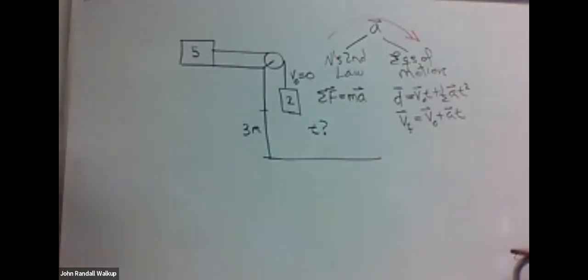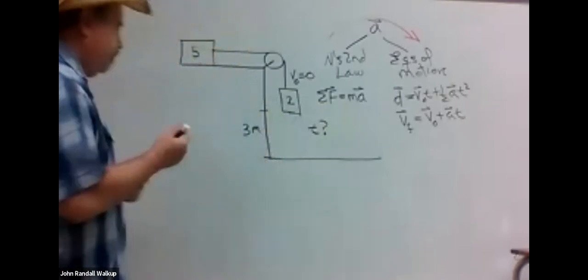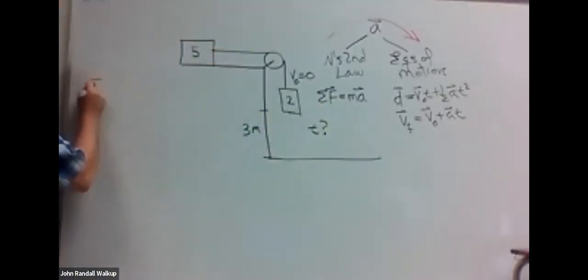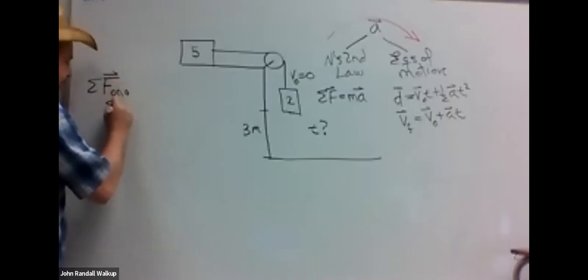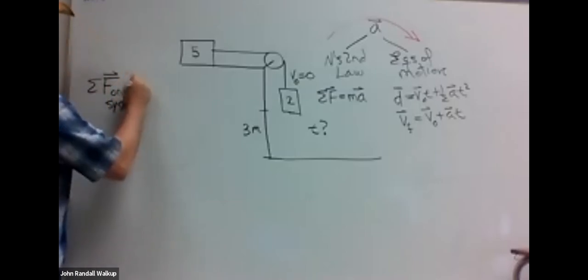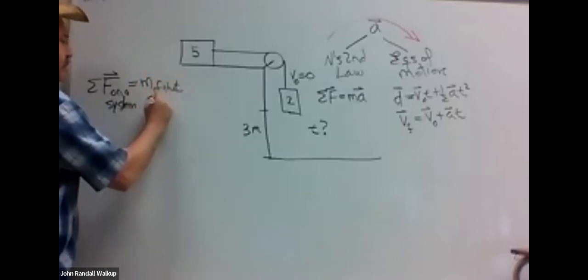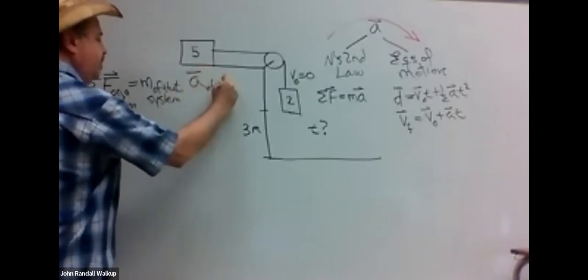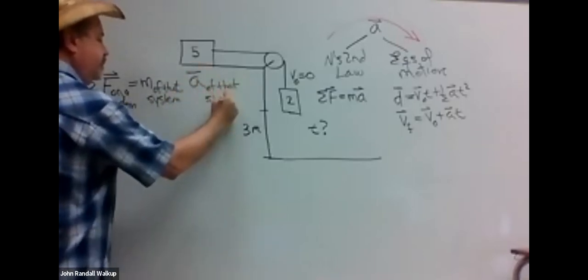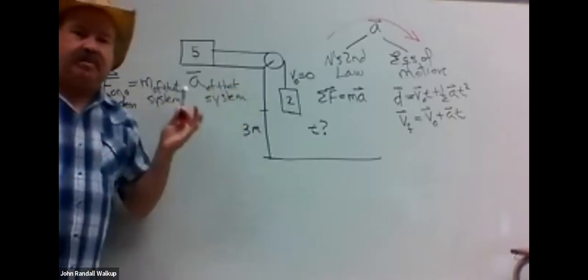Now, if I'm going to apply Newton's second law, I've got to remember, Newton's second law says the vector sum of all forces that act on a system is equal to the mass of that system times the acceleration of that system. The question now is, well, what's the system?